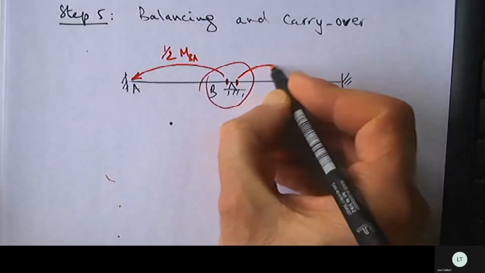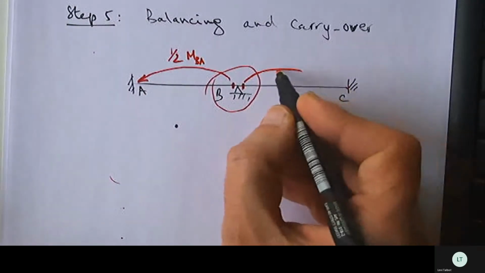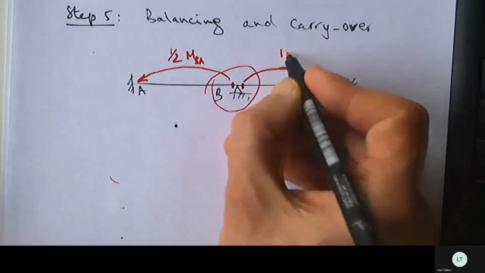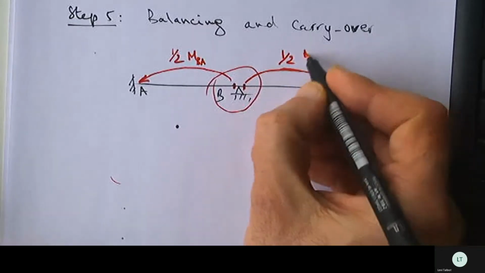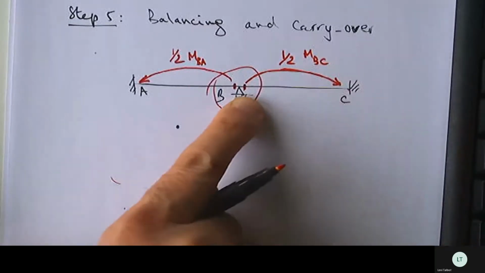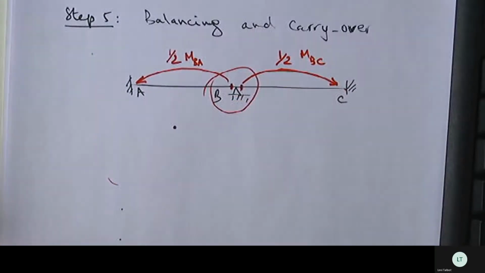And similarly from there to there, this NC will attract half of the moment from this moment here.